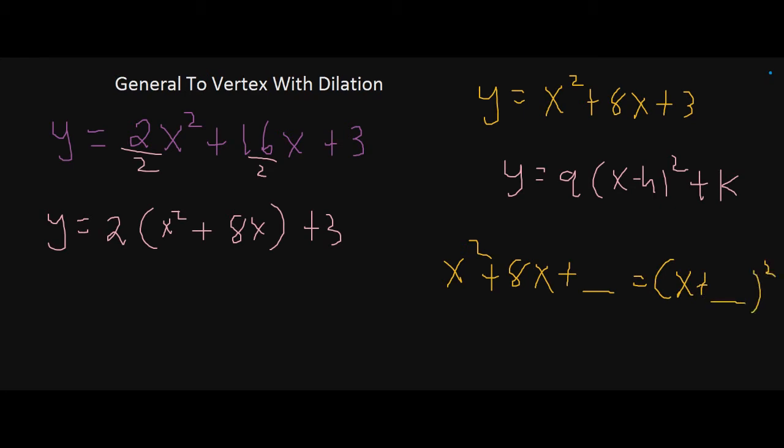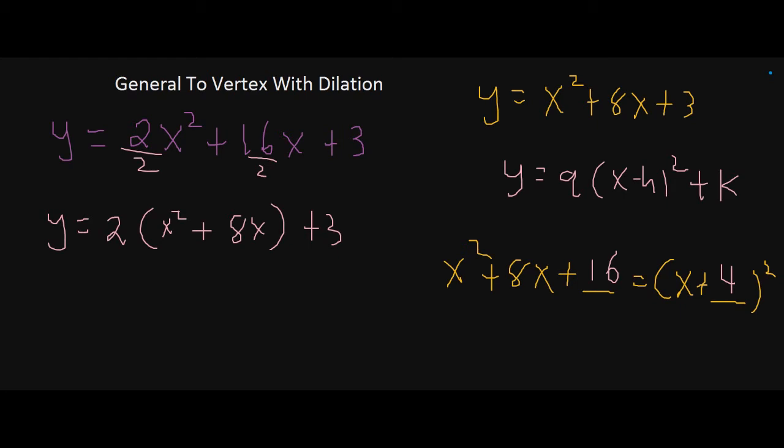All right, well, what do I do to get this number in here again? Well, if we look back on the previous video, all we do is take this term and divide it by 2. If we divide that by 2, we're going to get 4. And then what do we do with the 4 to get the number that goes here? Well, 4 times 4, which gives me 16. So that's the number that we want to add.